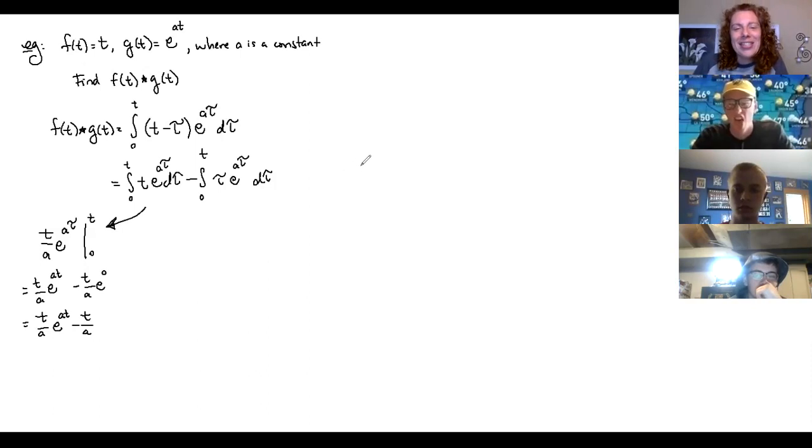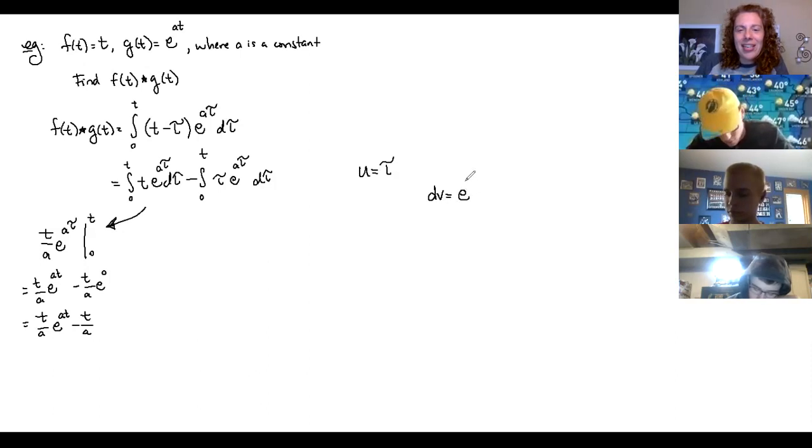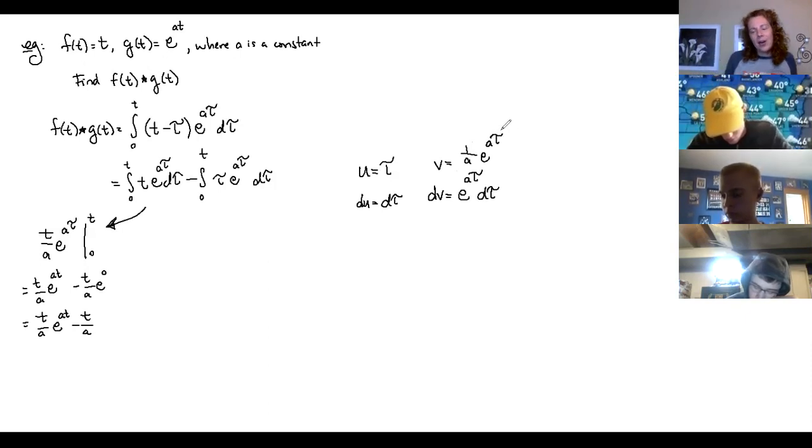So integration by parts, u equals tau, dv equals e to the a tau d tau. du is then d tau, and v is 1 over a e to the a tau.